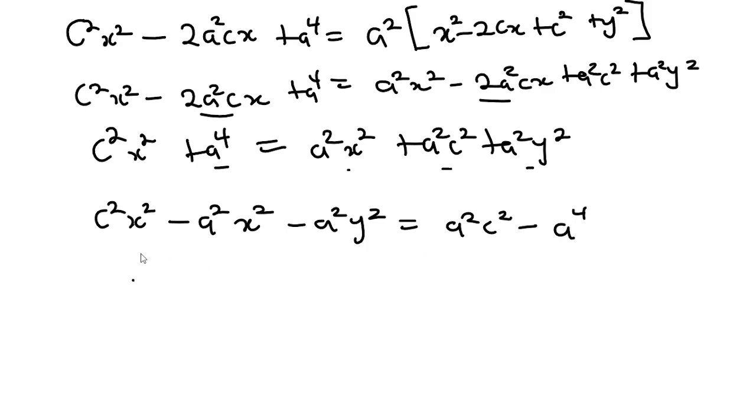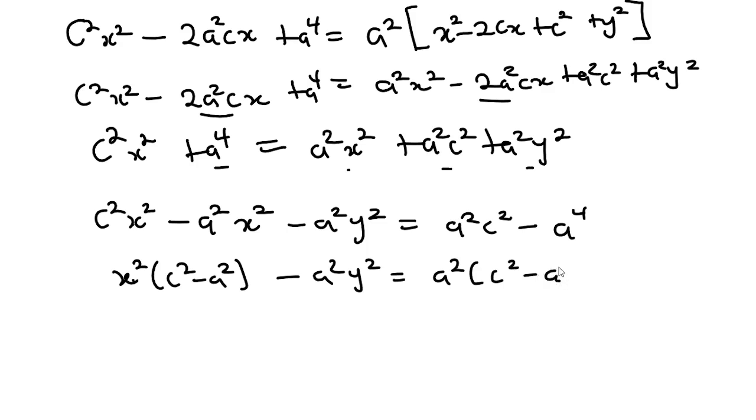Now we can factor x squared out here for the first two terms. So this is going to give us x squared times c squared minus a squared, minus a squared y squared being equal to, factor a squared out, c squared minus a squared. Now let c squared minus a squared be equal to b squared.